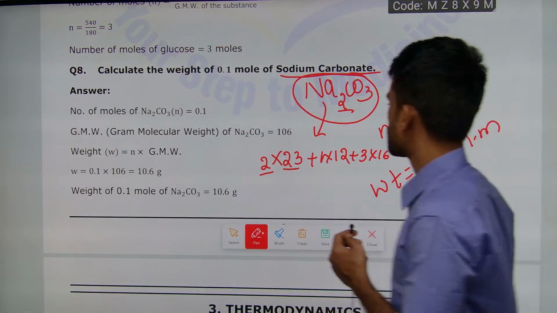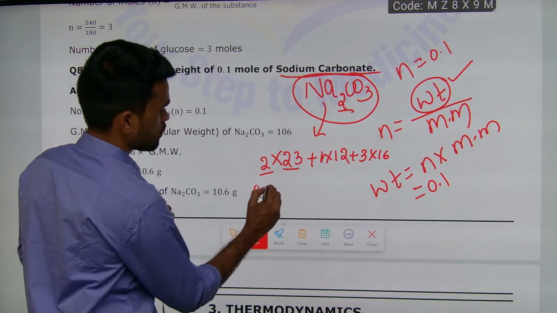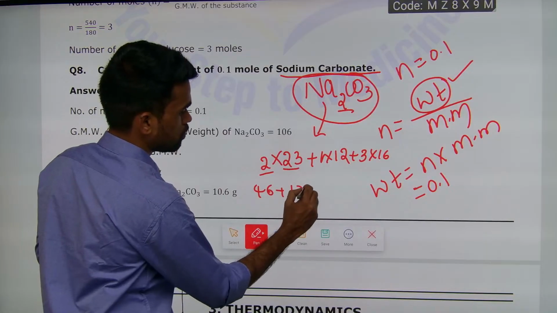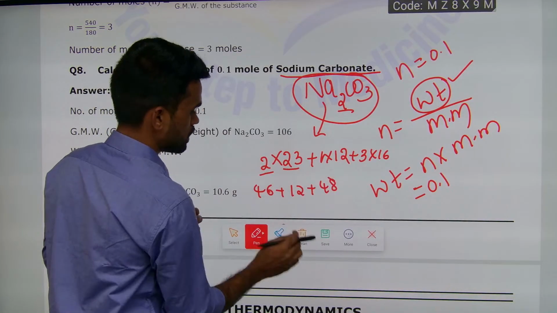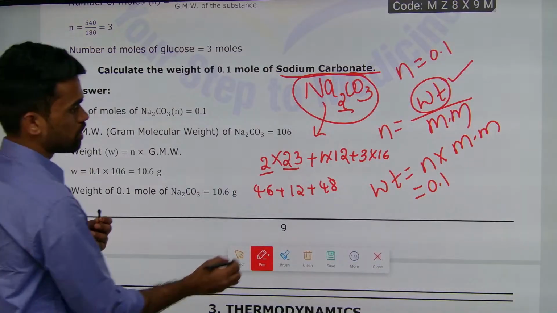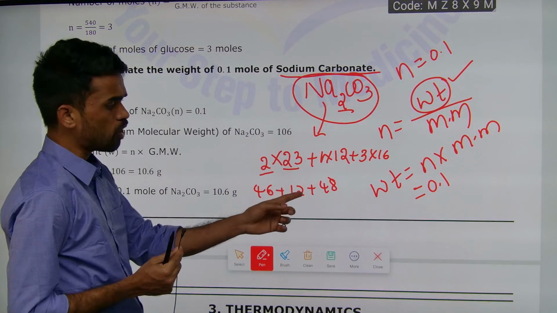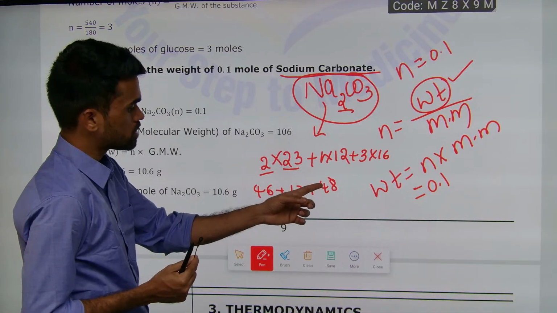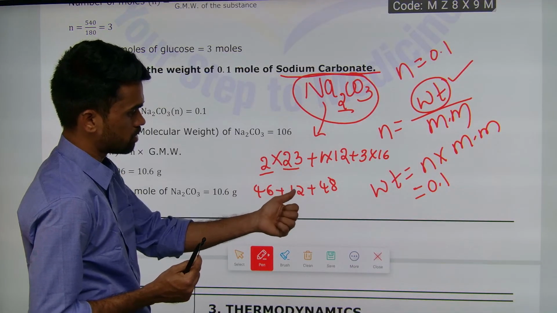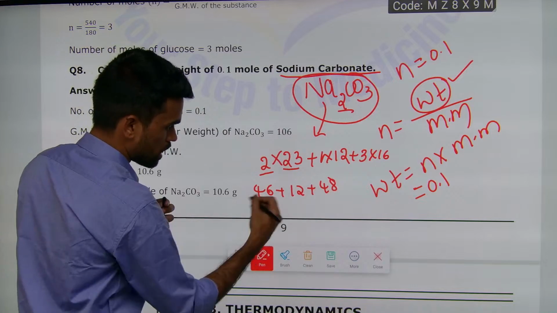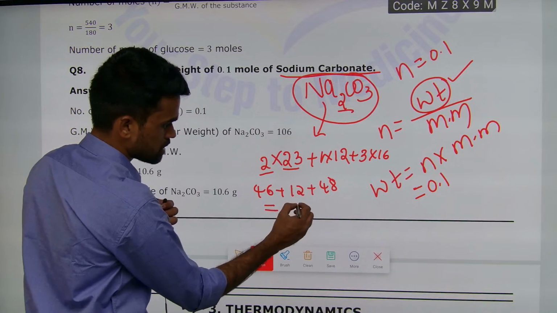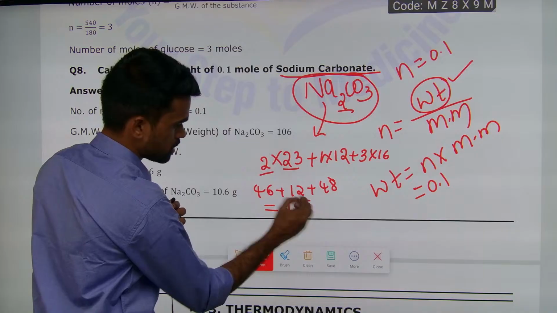Just calculate this: 46 plus 12 plus 48. The total sum will be 106.